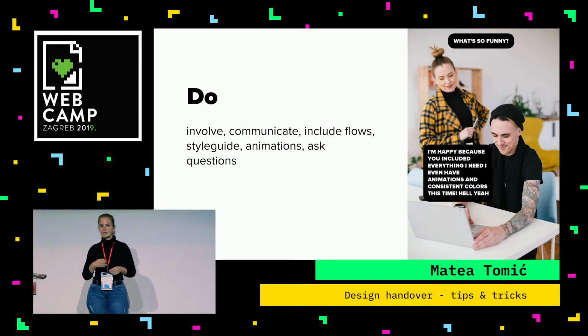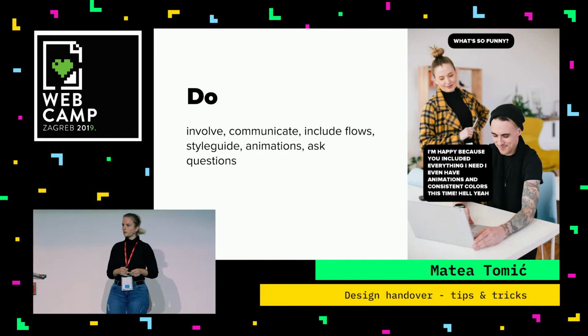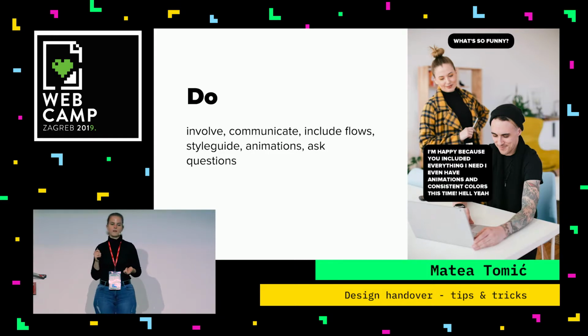So nothing too spectacular, but I think in the style guide there should be components that are being used across the whole design. And of course, I cannot stress enough, you need to have consistent colors and consistent fonts, because in the end, that leads to a lot of confusion.